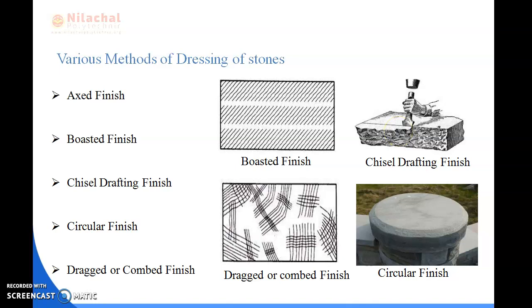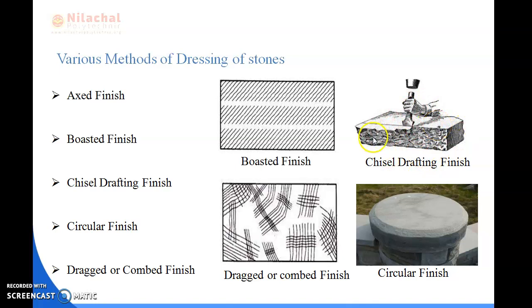This type of finish is mainly done in stonework, and the margins, which you can see placed here, may be either squared, pitched or chamfered. The margins are placed to get a uniform size and shape of the stones. It is known as chisel drafting.